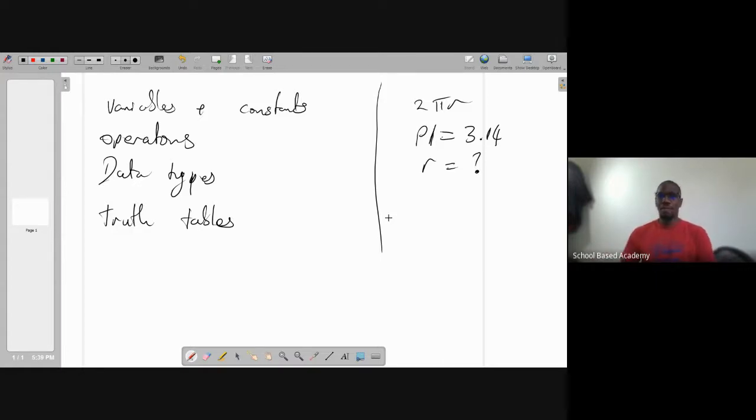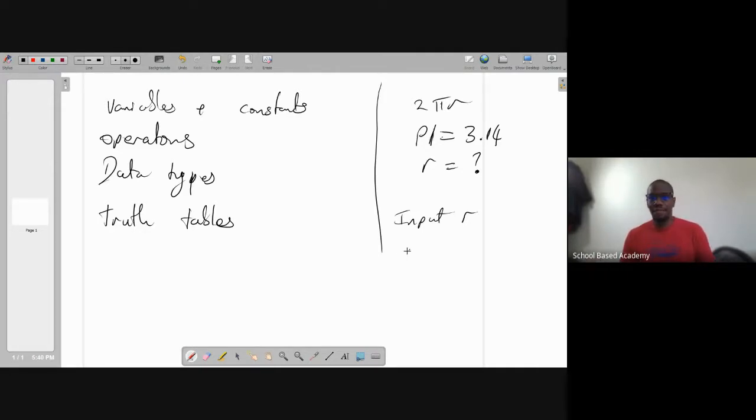Okay? So if we were to write some instructions just briefly, we would have to input R. We don't know what R is. R is coming in from the user, and that is whatever value they feel R should be. And now if I want to store the result of this, we also have to store the result in another variable.